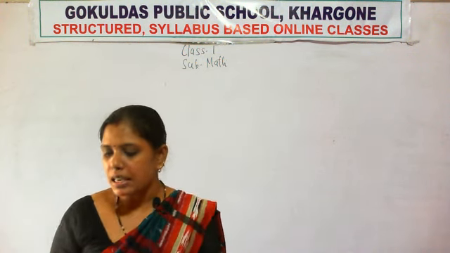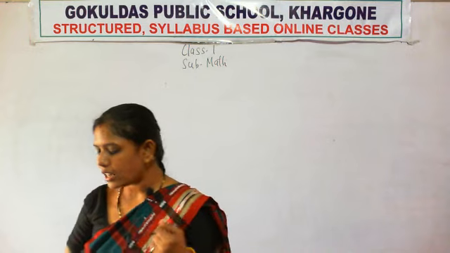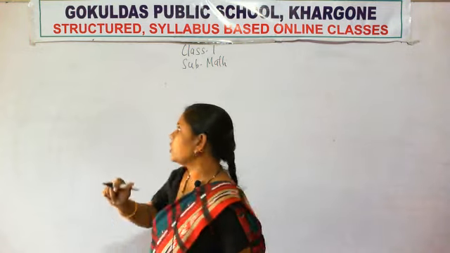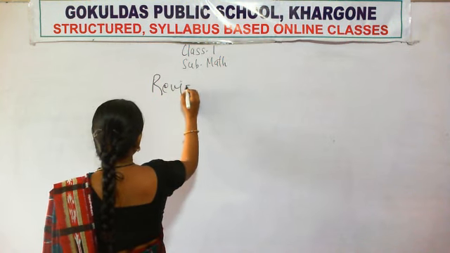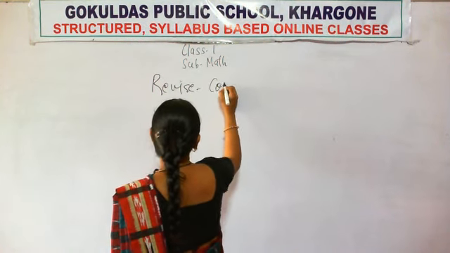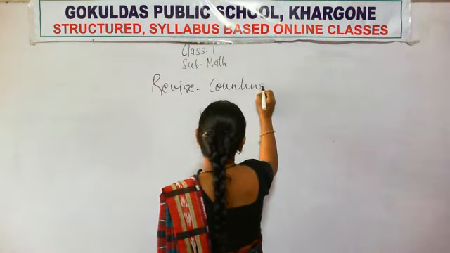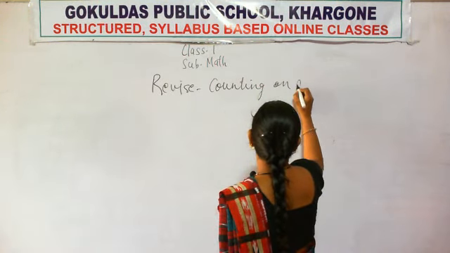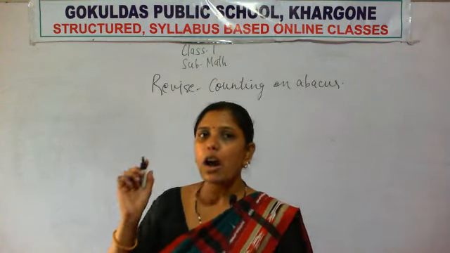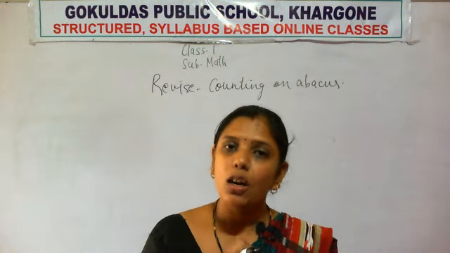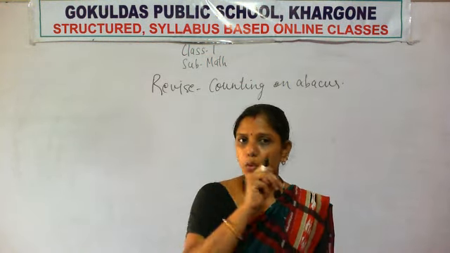So first we will revise what we have done in our last lecture. We will solve two questions. We will revise counting on abacus. I hope all of you know. Today I will give you two questions.